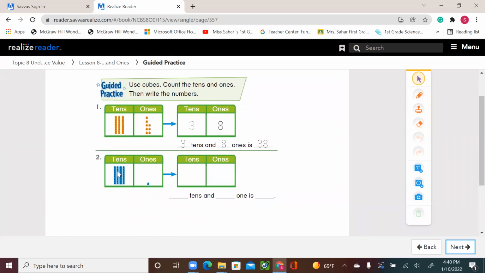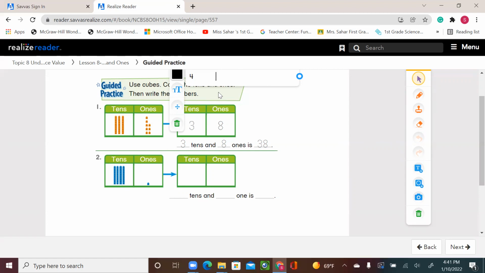Let's go for number 2. I have the model. I have counters that show groups of tens and ones. So let's see how many groups of tens we have. 1, 2, 3, 4. So we have 4 groups of tens. Okay. And how many ones do we have?